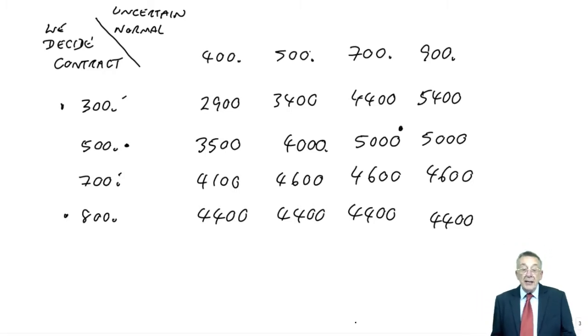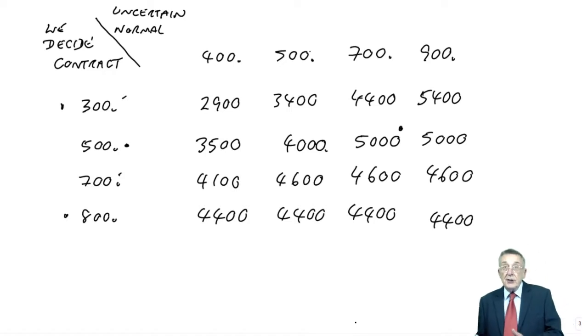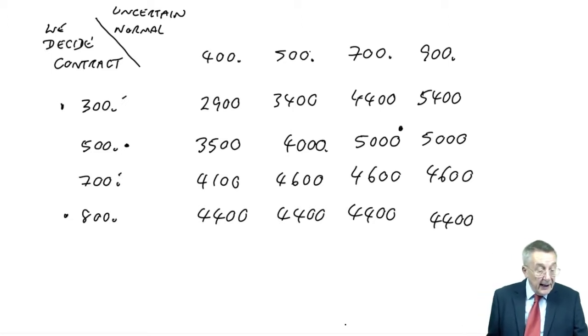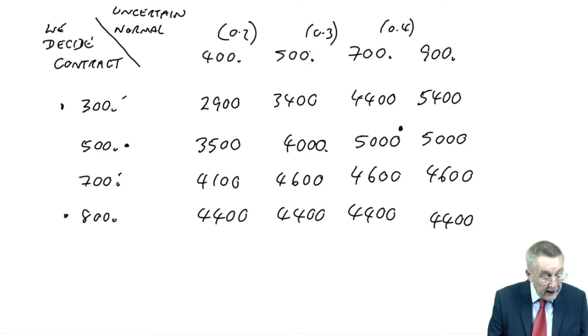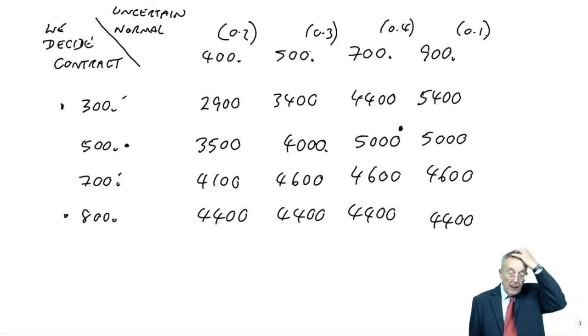For expected value, we need to know the probabilities of each of the possible returns, and we do, because we know the probabilities of the uncertain demand. It's 0.2 for 400, 500 has a probability of 0.3, 700 a probability of 0.4, and 900 a probability of 0.1.